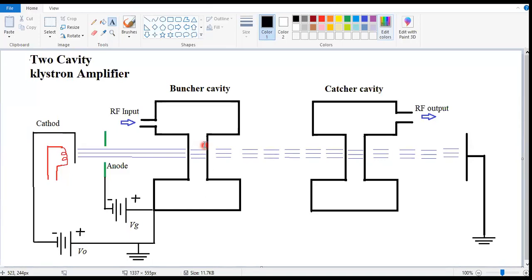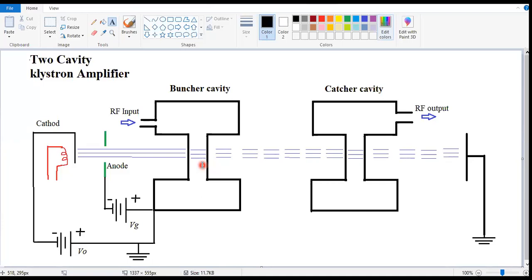Similarly here, the electrons get bunched, because the electrons at the back come with a larger velocity, and the electrons at the front come with a decreased velocity, and this forms a bunch. So in the cavity, the bunching action takes place. What happens as a result of this action?